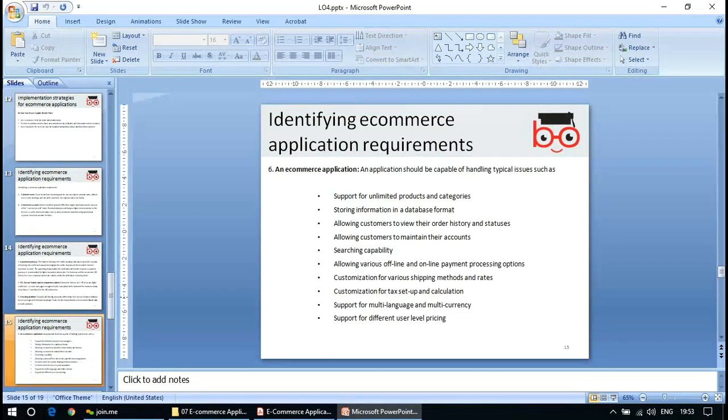ICANN is an international organization. They register the domains for people, and they note down and keep the record of their domains. So some portion of the money for the domain cost goes to them.